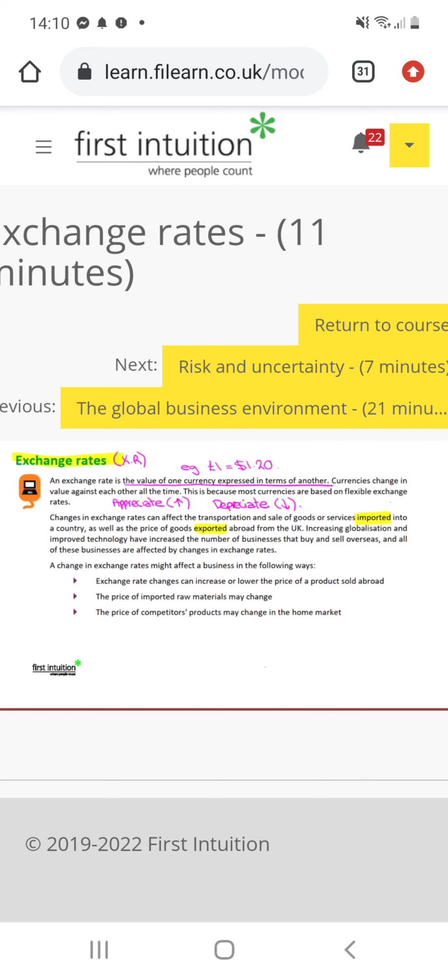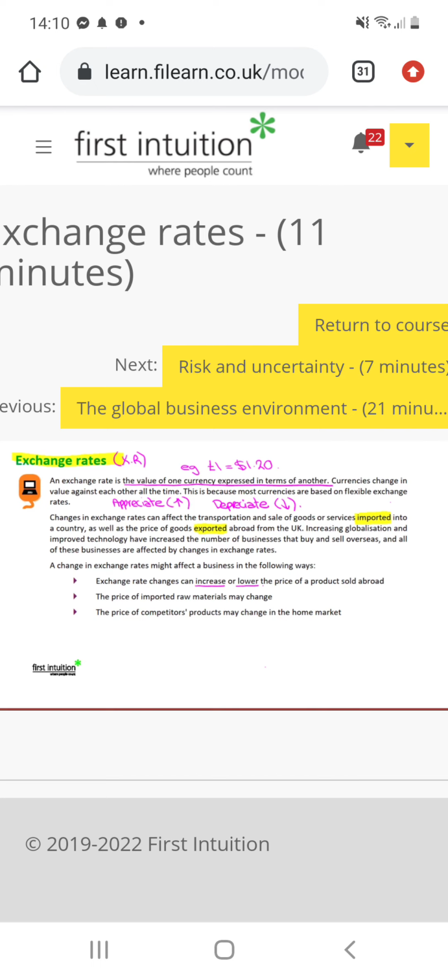Exchange rate changes can increase or lower the price of a product sold abroad, the selling price to the end customer. And this will affect demand. If there's an increase in price, we may see a reduction in demand. If there is a reduction in price, we may see an increase in demand.